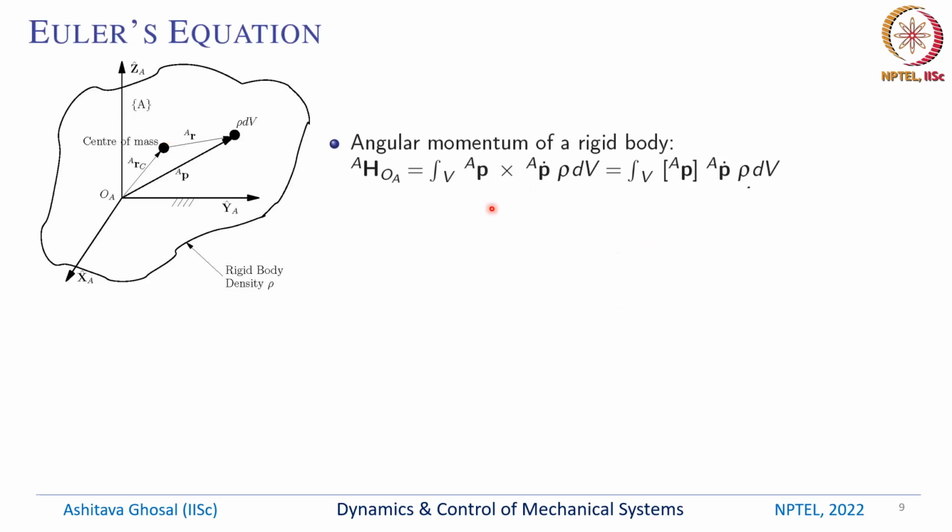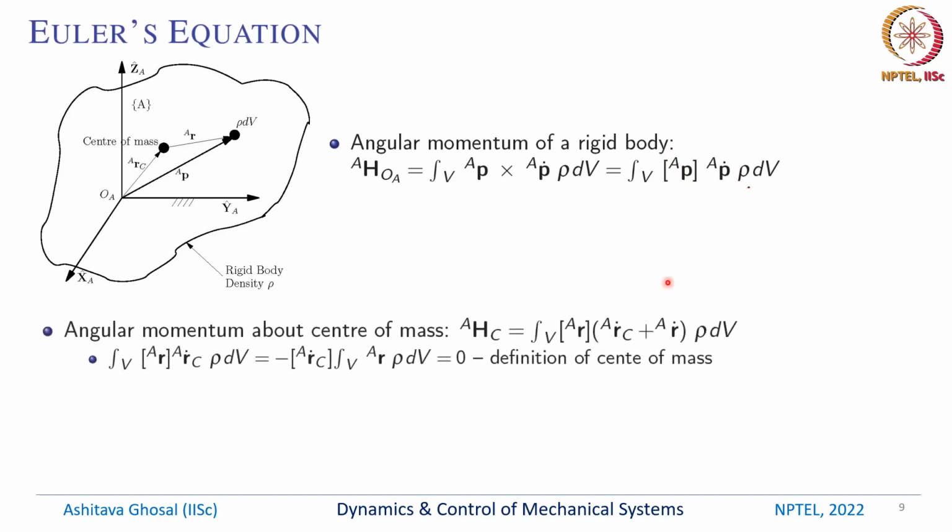Now as you can see, there is a cross product involved, and we can write this cross product as a skew symmetric matrix AP into the rest of it, which is AP dot rho dV. So instead of writing R cross MV, we can write a skew symmetric matrix into MV. This is perfectly reasonable. It helps later on, as we'll see when we write it in this form.